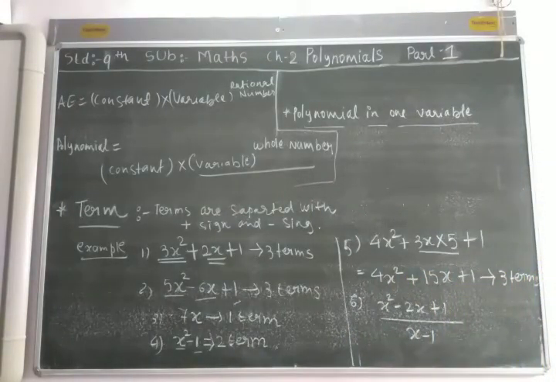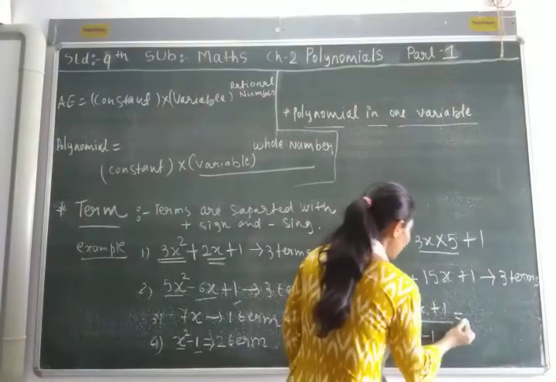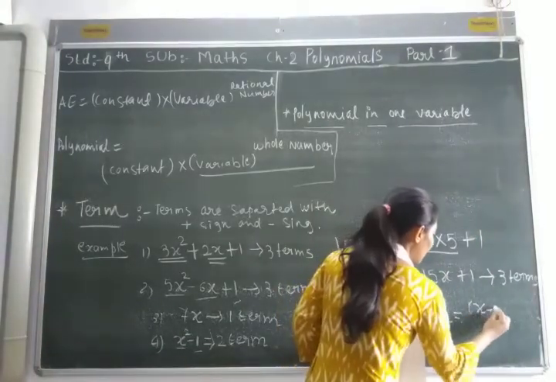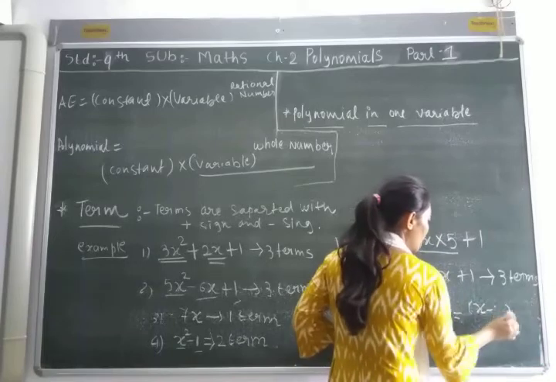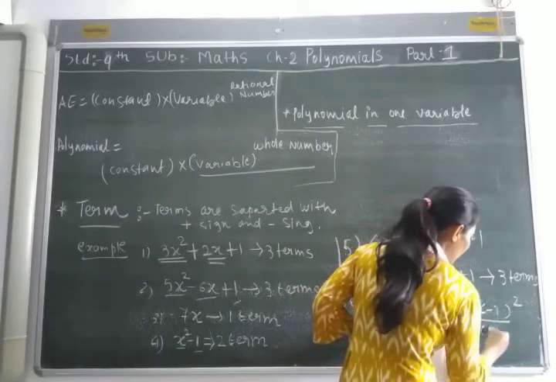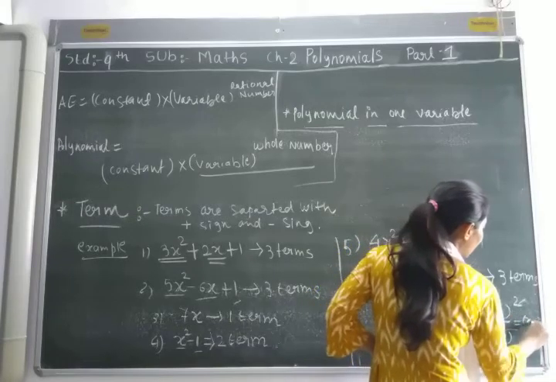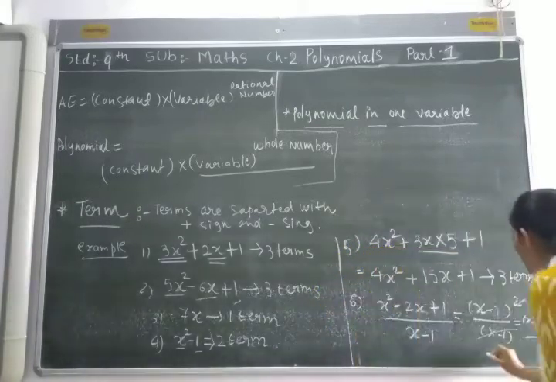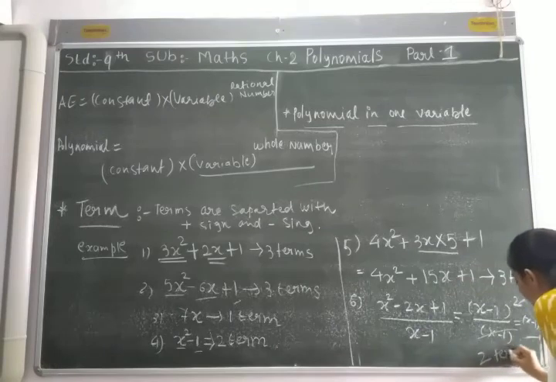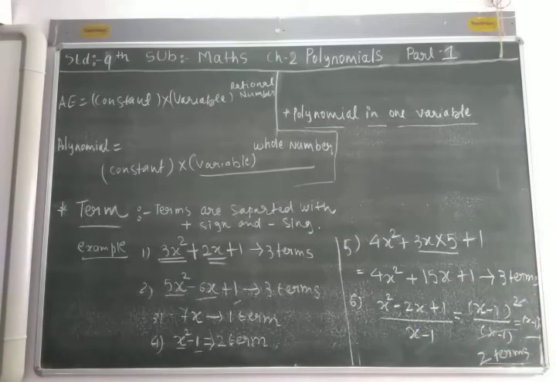First, we are going to simplify it. So I am getting x minus 2 times x minus 1, and one x minus 1 gets cancelled. So there are only 2 terms. Now note down all these examples.